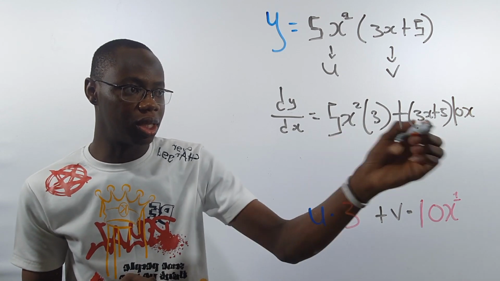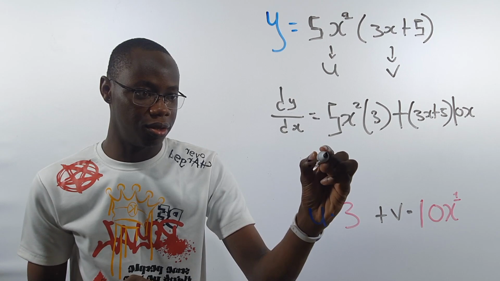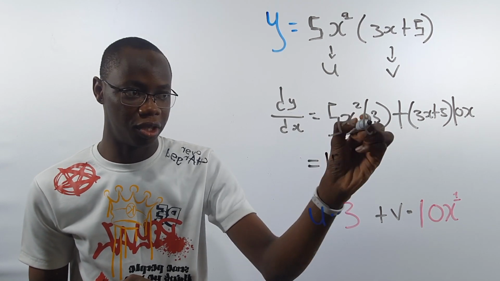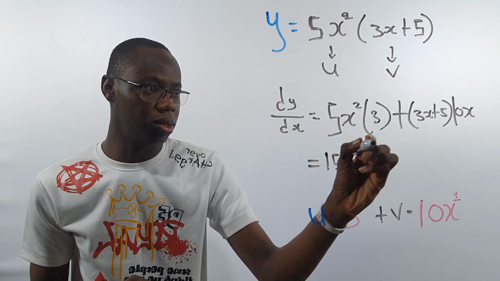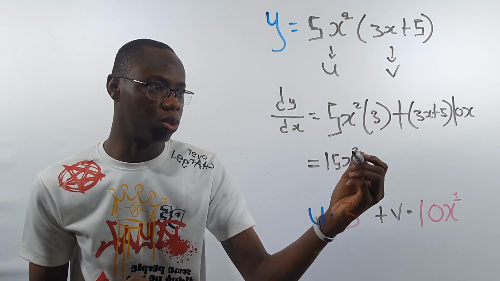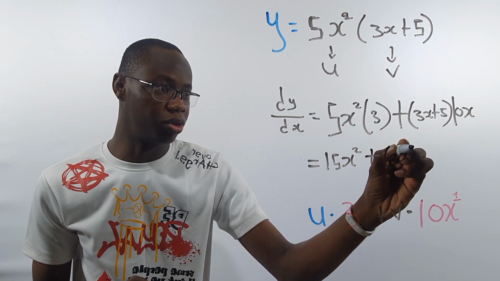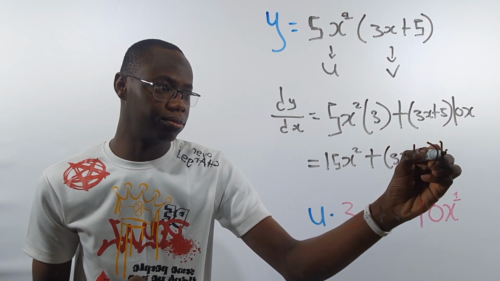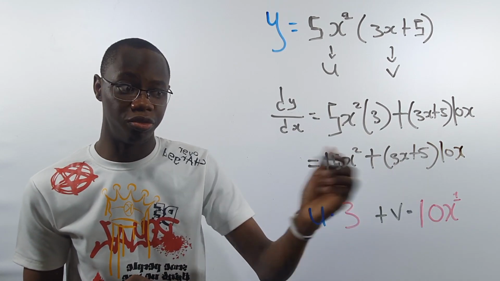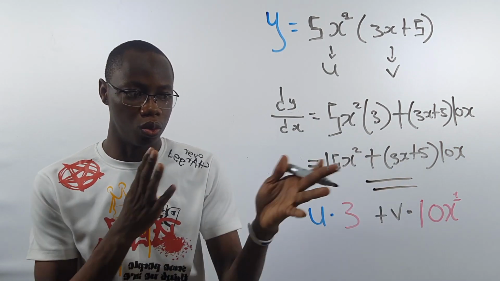So you can leave it like this, or you can make it simpler. So that's 5 times 3, 15x squared. You can simplify further, add and subtract, but this is basically your answer if you like to leave it like this.